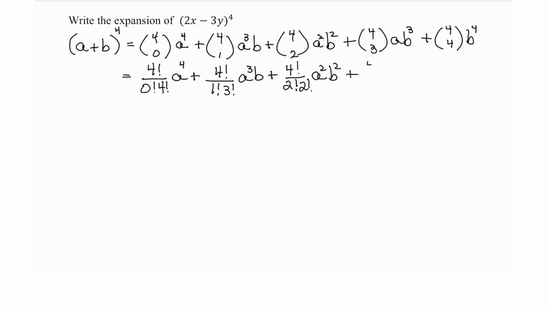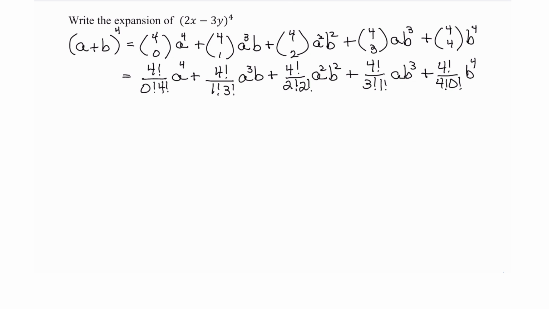Then 4 choose 3 is 4 factorial over 3 factorial 1 factorial. And then finally our 4 choose 4 is 4 factorial over 4 factorial 0 factorial, and then that variable b to the fourth. So I was writing the variable expressions in, not always saying them as I went.